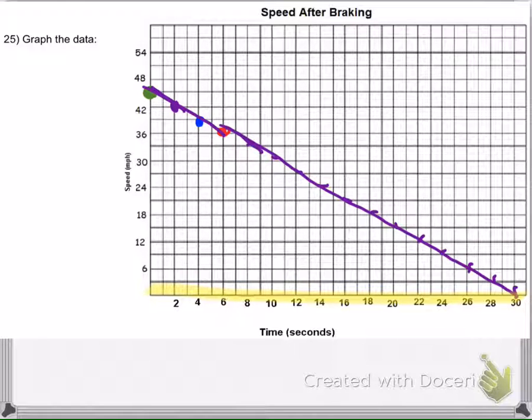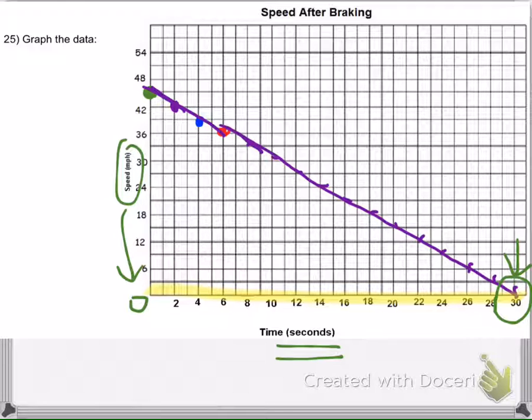I'm going to go all the way until the speed of the car is 0. So that is why I don't put an arrow here, but I go all the way down to show how long it's going to take until the car has braked. So in this case, it takes 30 seconds for the car speed to be 0. In other words, it has braked.